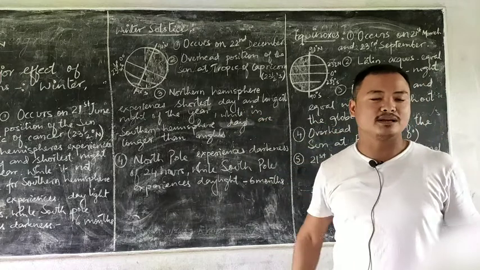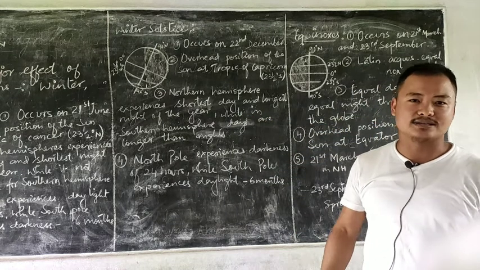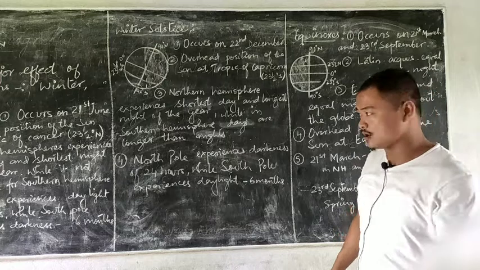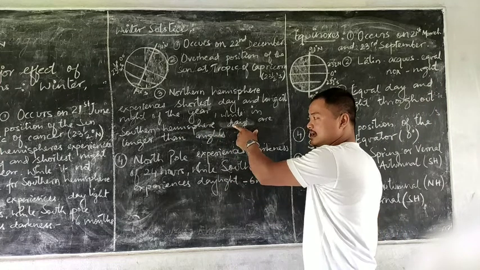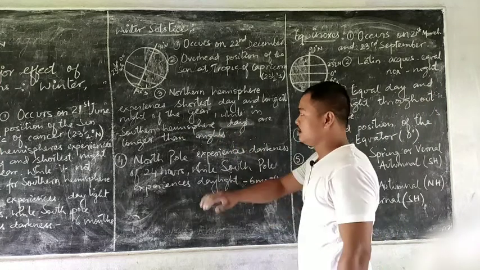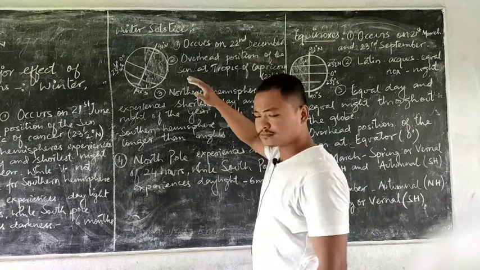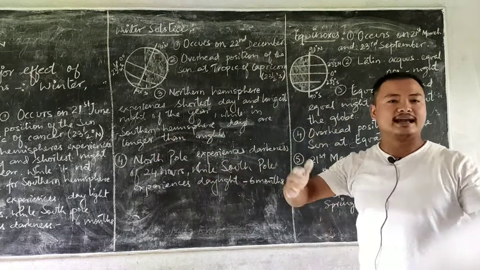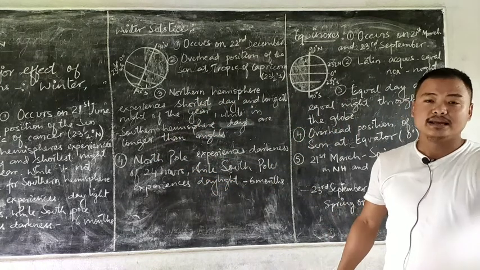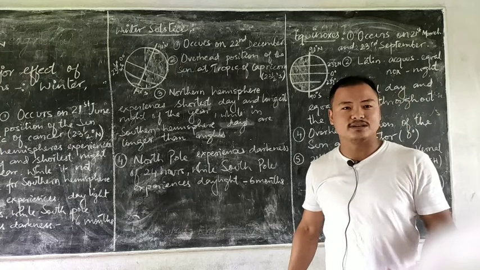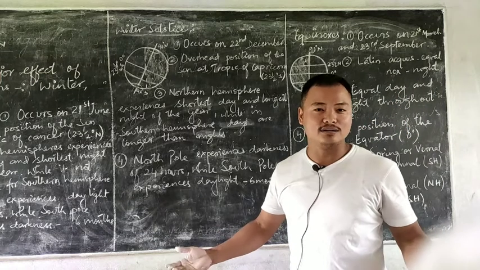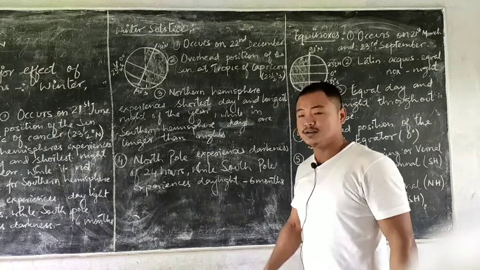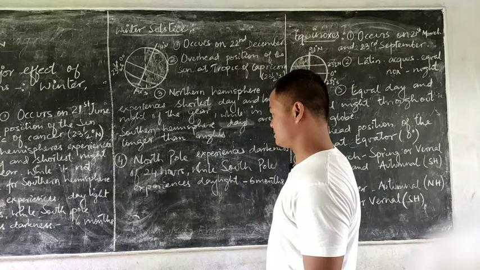In short, the southern hemisphere will have longer days and short nights, while in the northern hemisphere the days are short and nights are long. This we even practically experience during winter season here, that the nights are longer and the days are short. So this is what happens during the winter solstice.